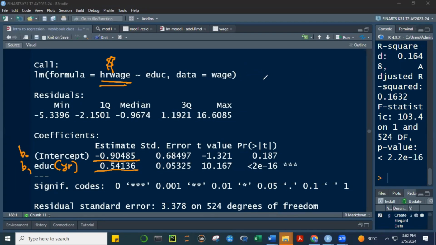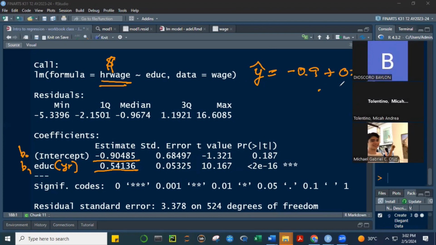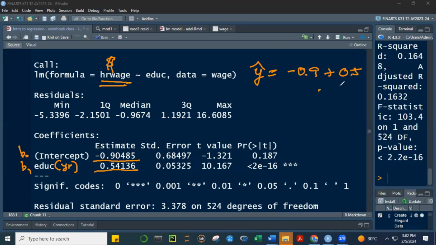So y hat is equal to negative 0.9 plus 0.54 times education. If education is 0, we replace this with 0, so this cancels out. Therefore, what's left is negative 0.9, which is the intercept.